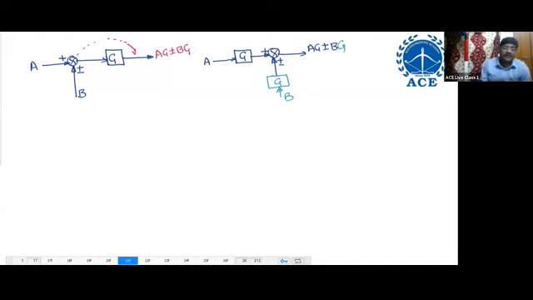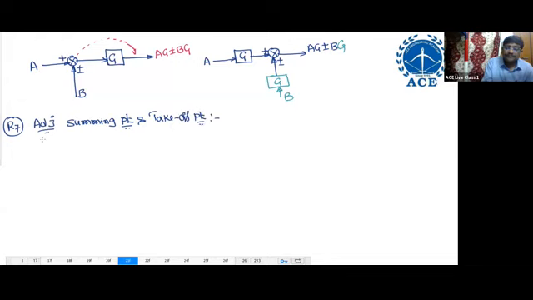Okay. Last one. Rule 7. Interchanging summing point and take-up point.